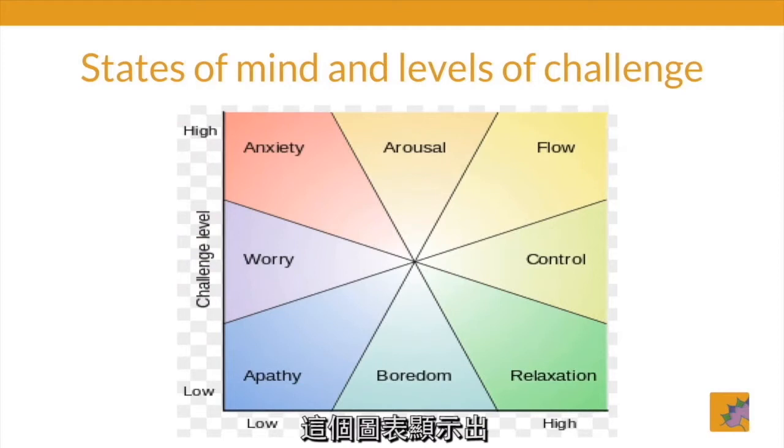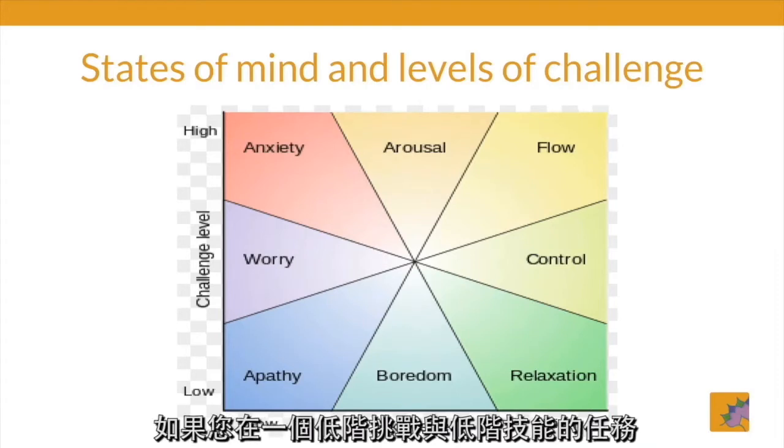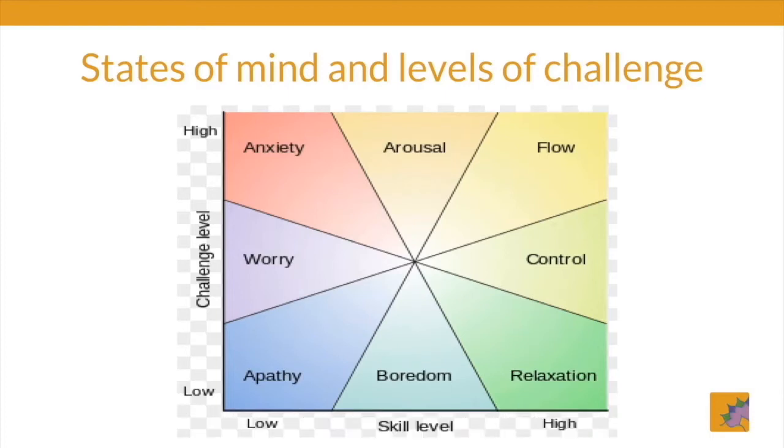This graph shows the various states of mind when you have various levels of skill matched with various levels of challenge. If you're working on a task that has a low challenge level and a low skill level, then you will experience relaxation.